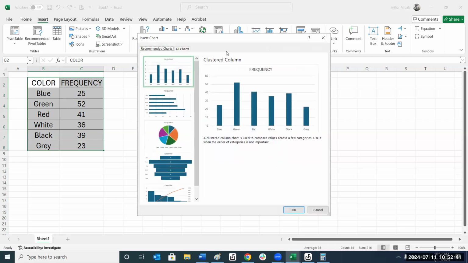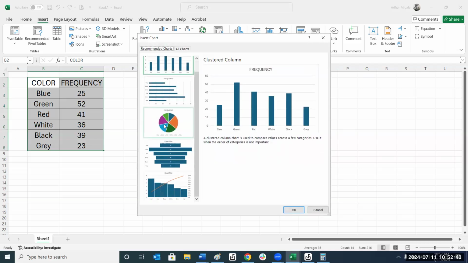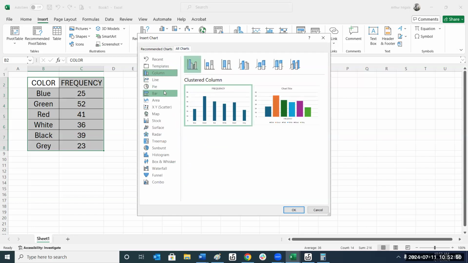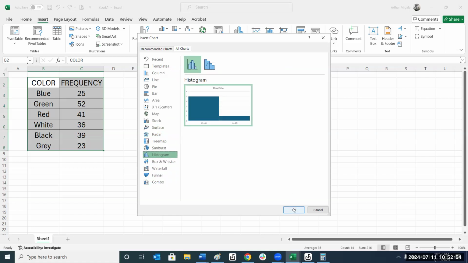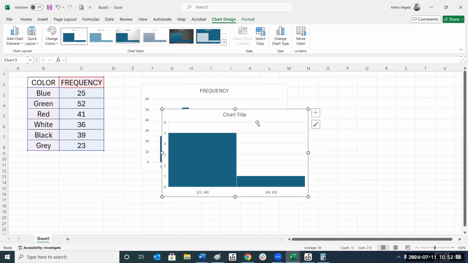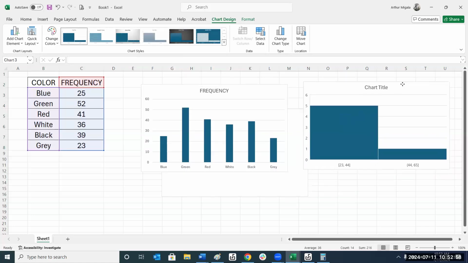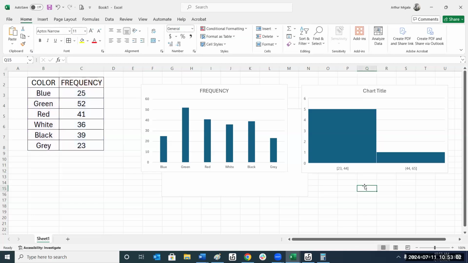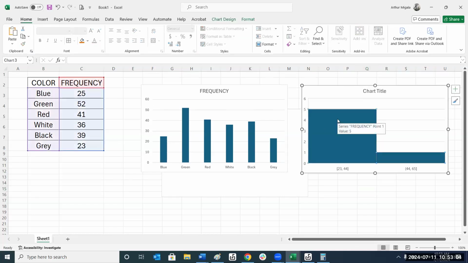Where are all their charts? Histogram, there it is. That's not right.